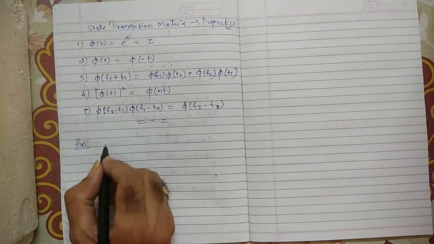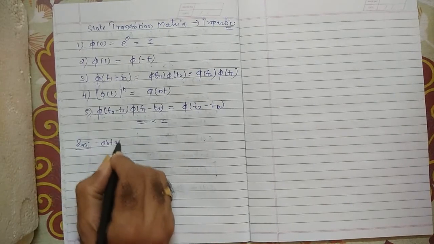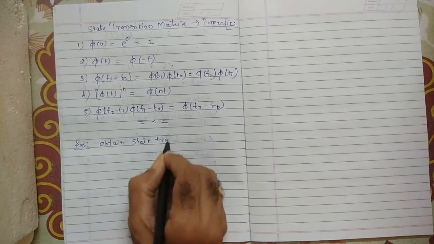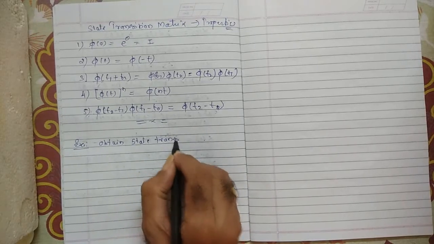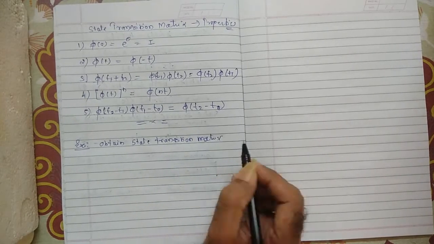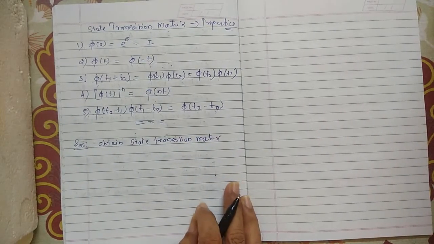Obtain the state transition matrix from the given state model.